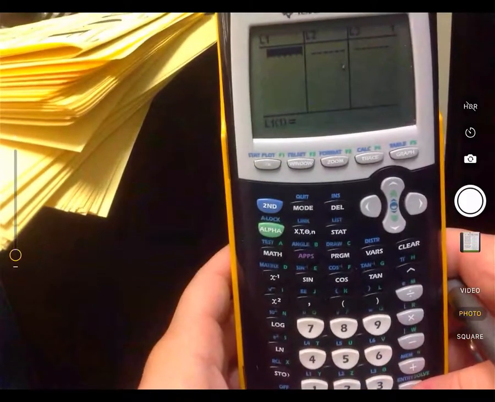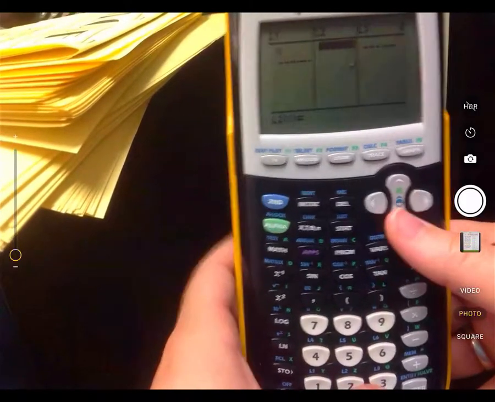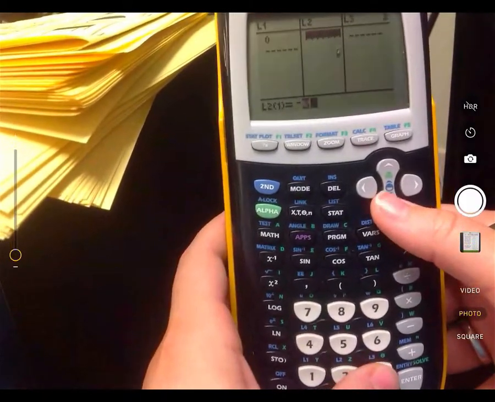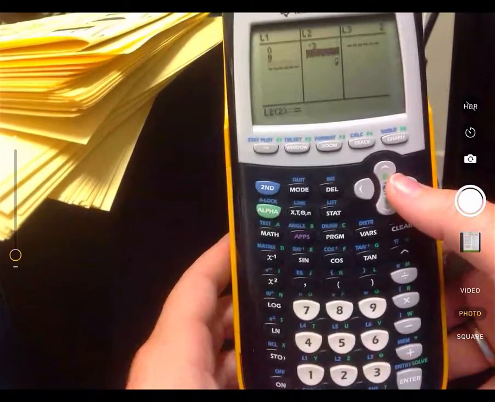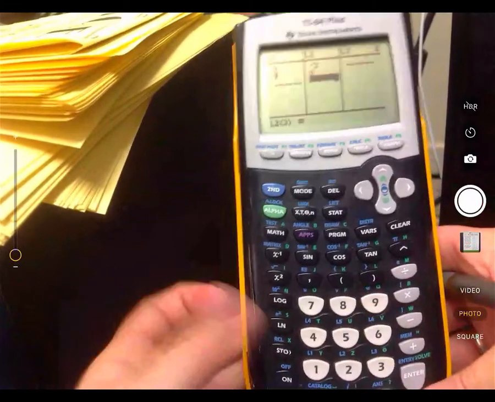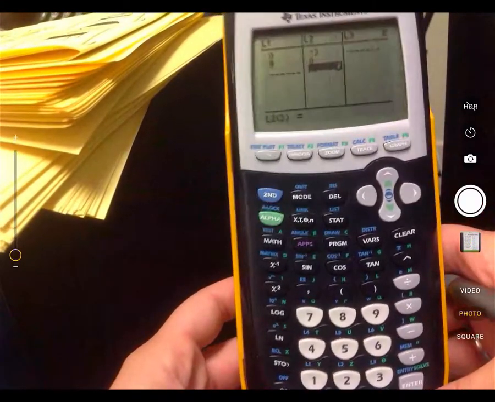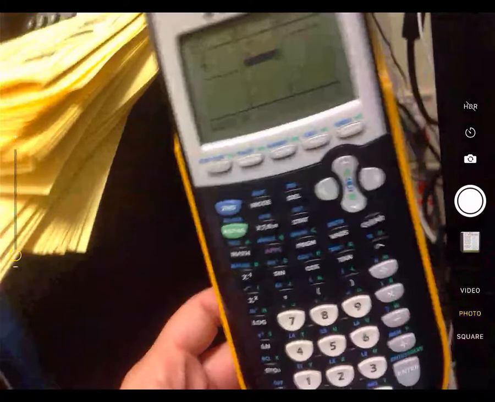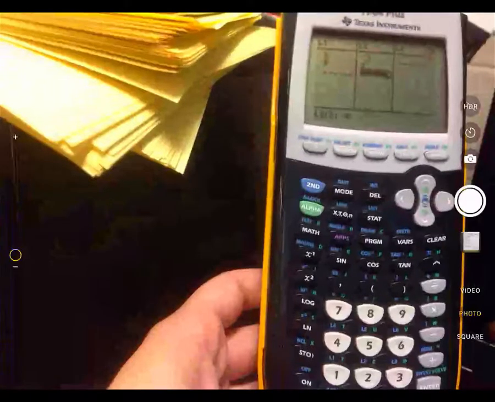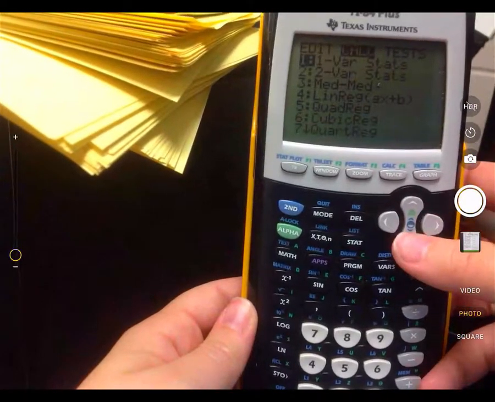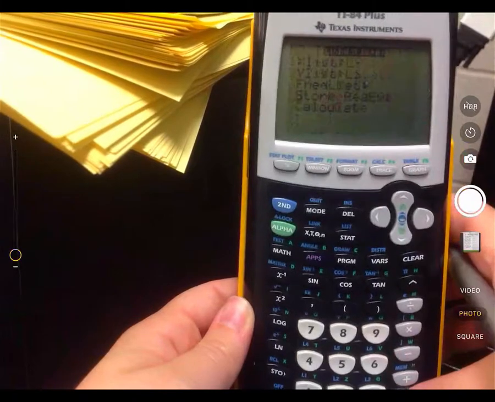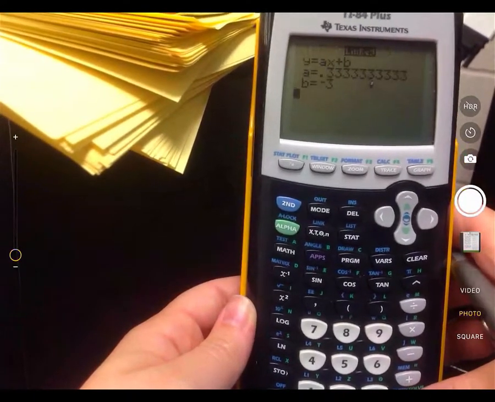So we have the point 0, -3, and 9, 0. So my y-intercept of -3, my x-intercept of 9. I'm just going to double check that that is correct. Yep. So from here we go stat, calc, scroll down to 4, enter, enter, enter, enter, enter, enter.